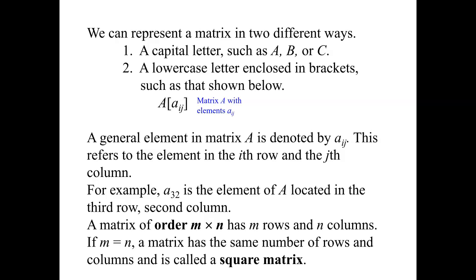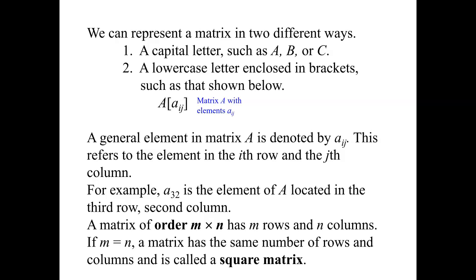Alright. So, let's start with some vocab for matrices and some notations. Capital letters such as A, B, or C will denote a matrix as a whole. A matrix usually is a bunch of numbers in two brackets. We call those elements.